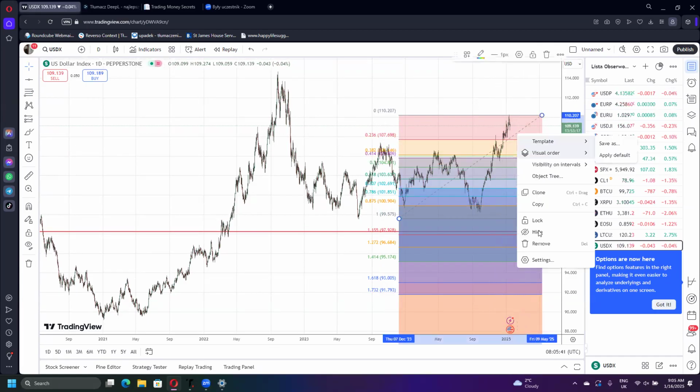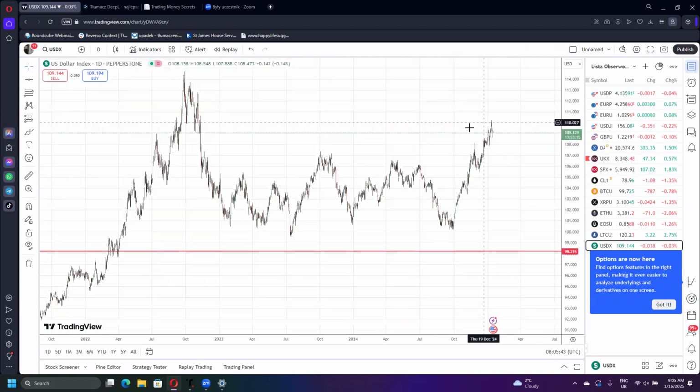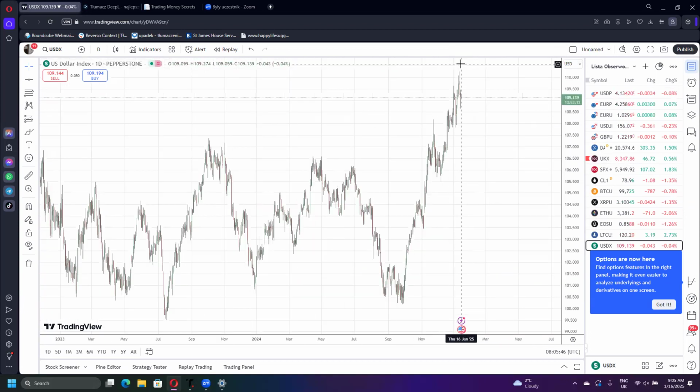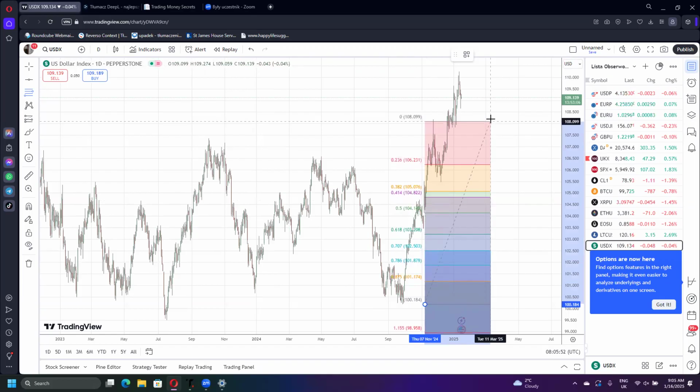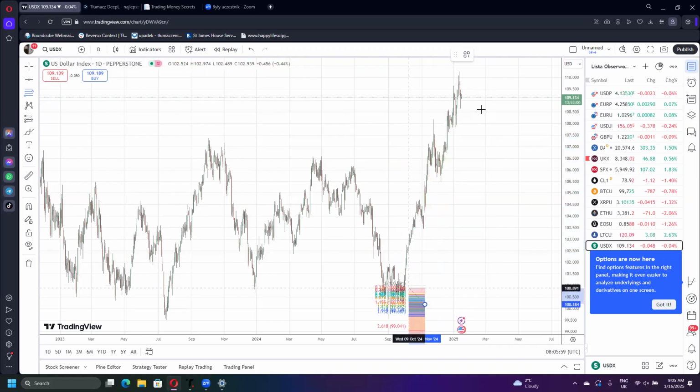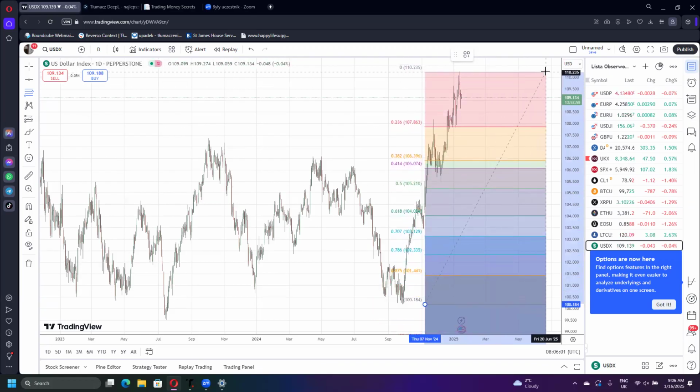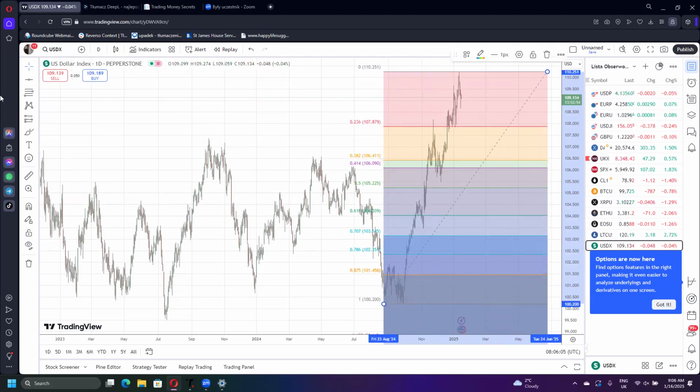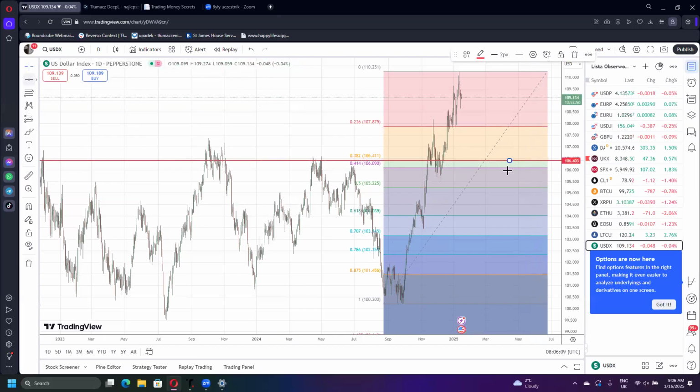So most probably, instead of calling this up movement a full B, maybe we can just call it A of the B. Let me double check if the price touched this level 38.2. No, never. So I am closer to saying that this up movement is just A of the B, and we didn't have the down movement at least to the level of the shallow A. So this is my minimum expectation.